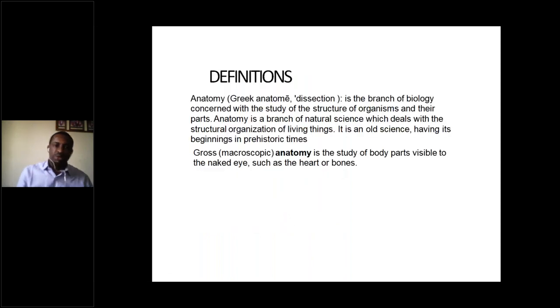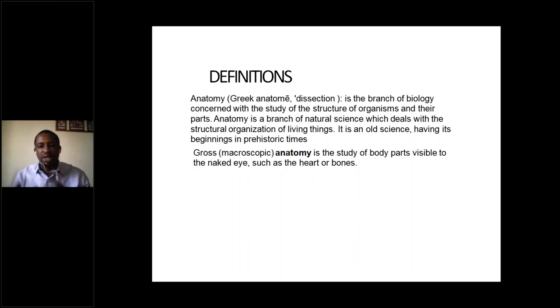So let's start with a brief definition of anatomy. What is anatomy? Anatomy came from the Greek word anatome, which means dissection. So it's principally a branch of biology concerned with the study of structures of organisms and their parts.